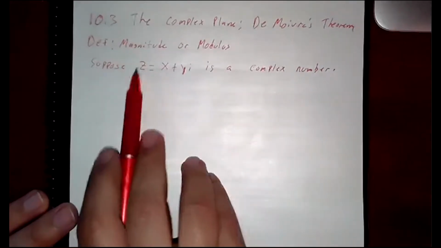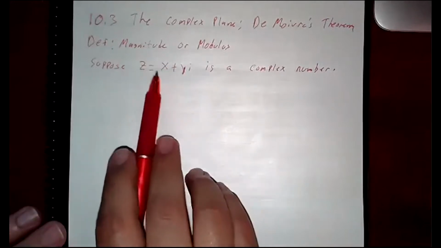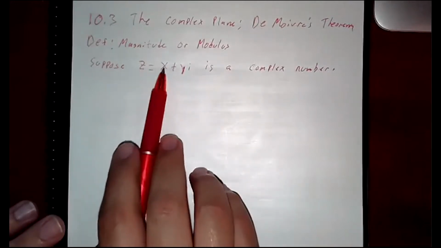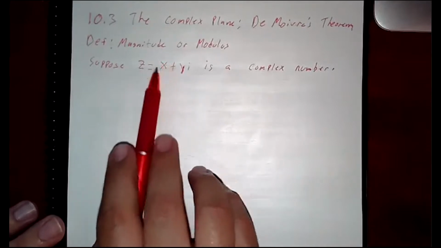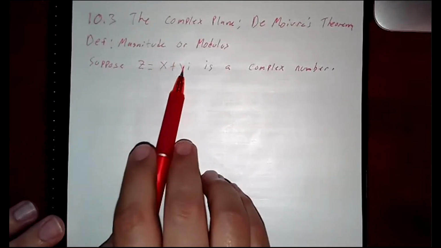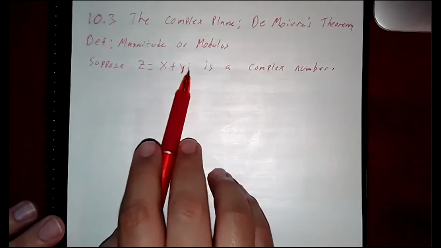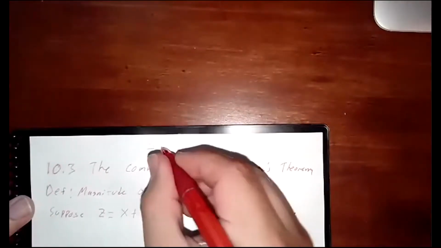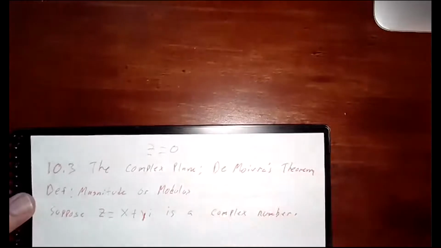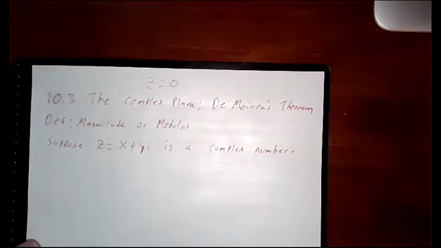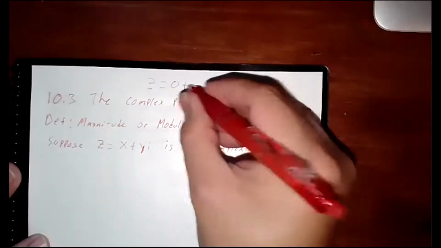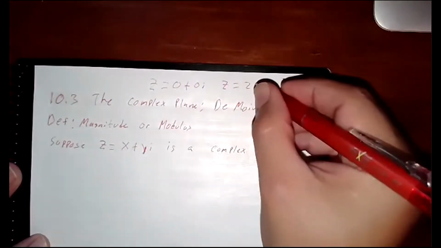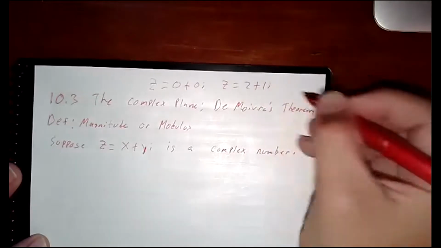So basically, whenever you see their definition here, it is saying that some complex number is defined as a constant real number plus a real number with an imaginary component. So for example, the number 0 is technically a complex number because I could write 0i. Or the number 2 plus 1i is also complex.